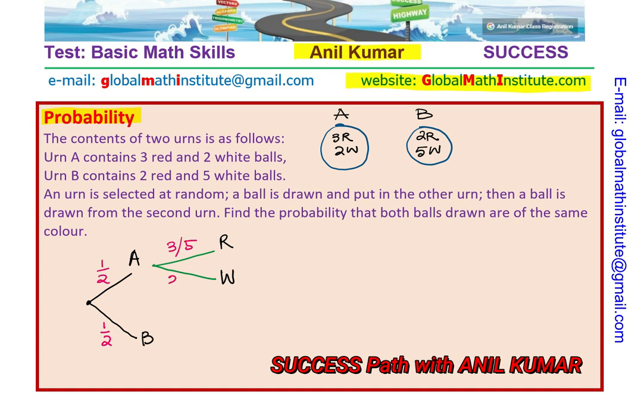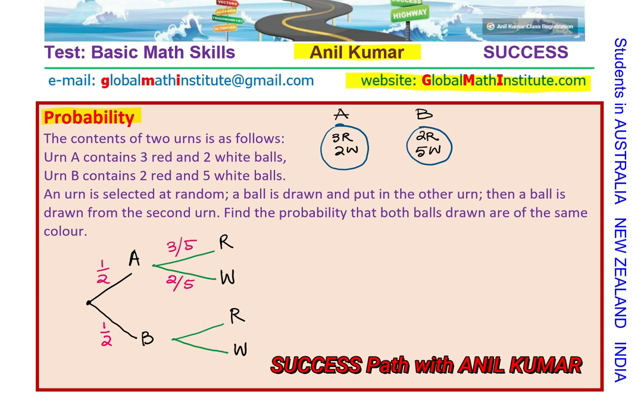In case you had selected B, for red and white, what is the probability? For B, 2 red out of 7 and 5 white out of 7. Correct.